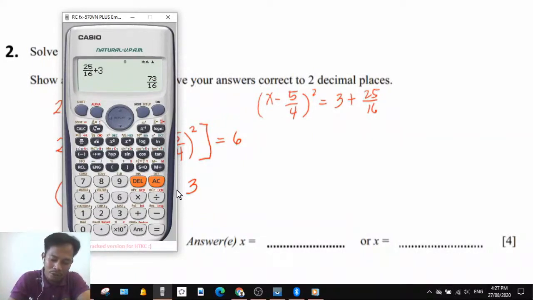Okay, I need to square root both sides, and when you square root both sides, you come up with a positive and negative. So x minus 5 over 4 is equal now to positive negative.